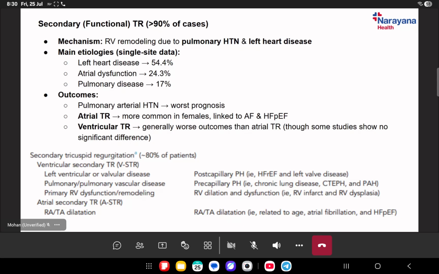Rahul will be able to say what's the current practice, a De Vega or modified De Vega and the incomplete semi-rigid ring, what is the currently preferred method.